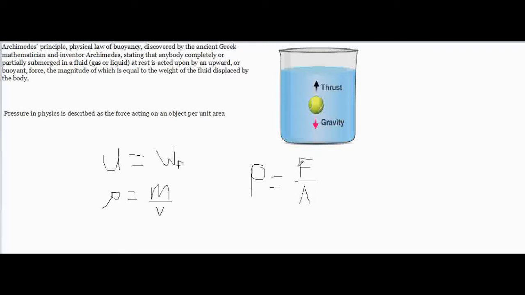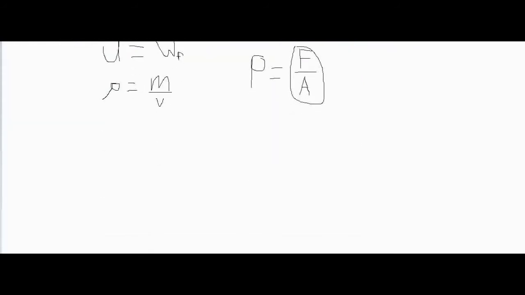Now, this formula here isn't very useful when dealing with hydrostatics. This formula is more for dealing with solids. So we're going to have to derive a formula that can be applied to hydrostatics. So we'll go ahead and do that.